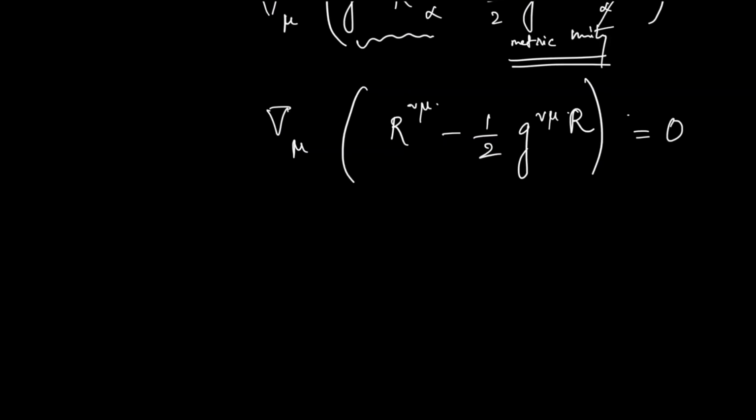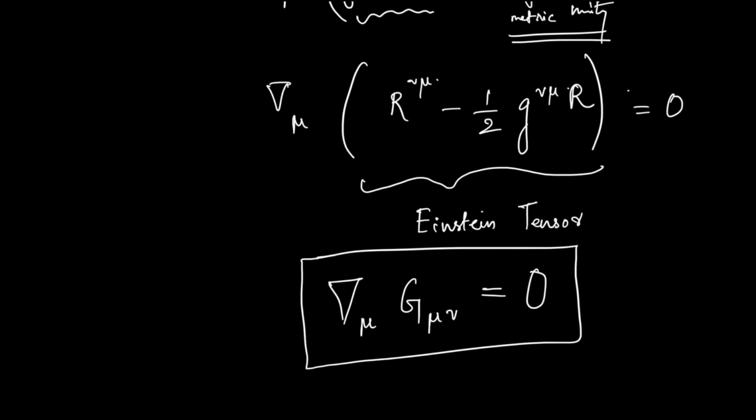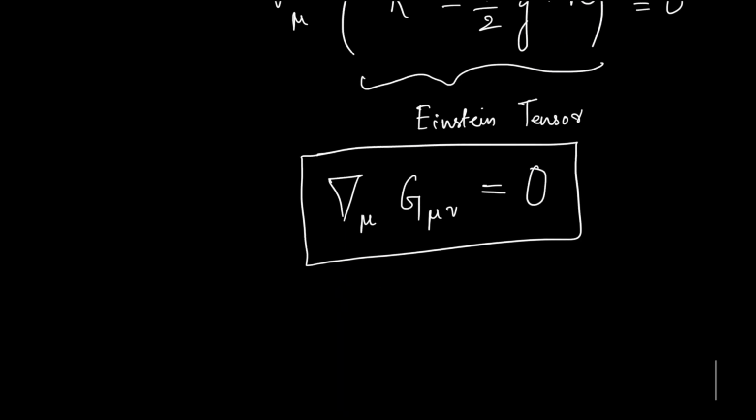And this quantity in the bracket, I call it the Einstein tensor. Therefore, I can write G mu nu is equal to 0.